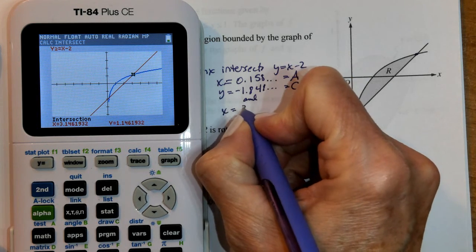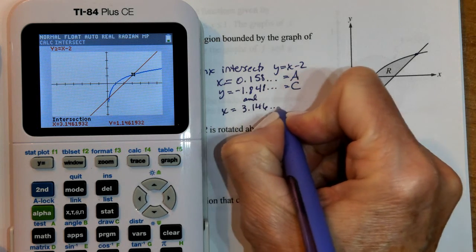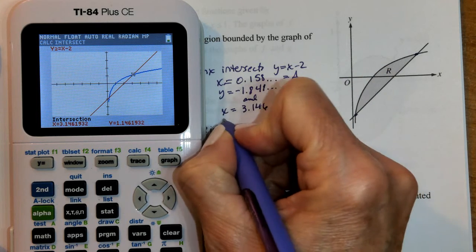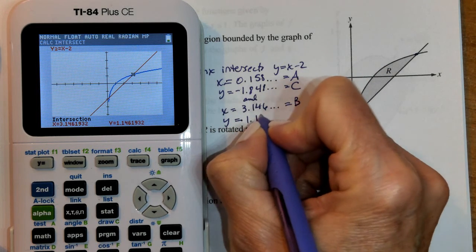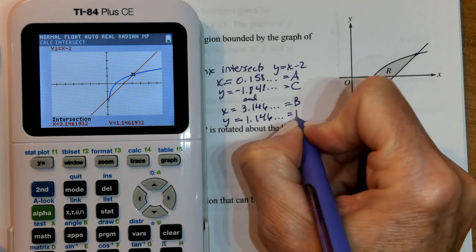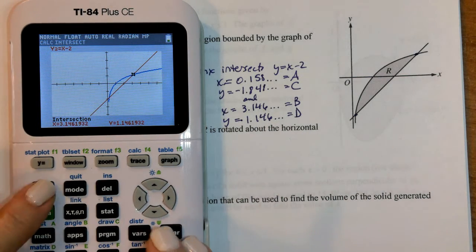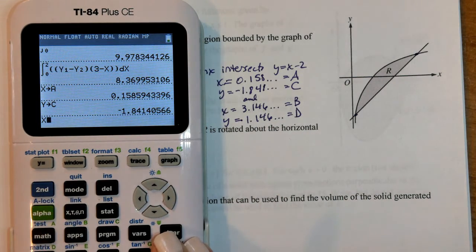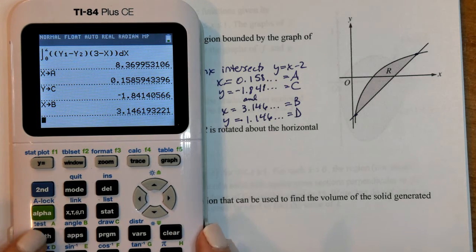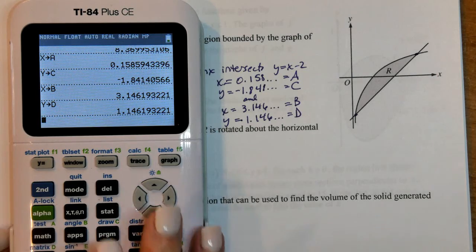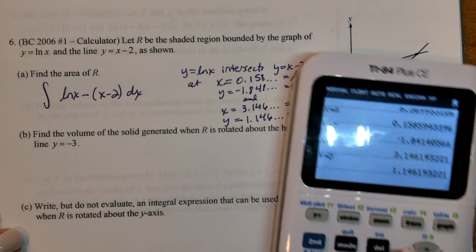And x equals 3.146 dot dot dot. I'm going to store that in for B. Y equals 1.146 dot dot dot. I'm going to store that in for D. So the current x value I'm storing in for B. The current y value I'm storing in for D, so that I won't lose any of those.